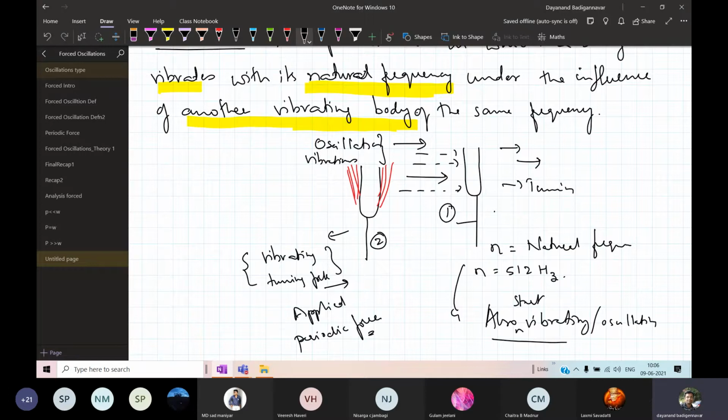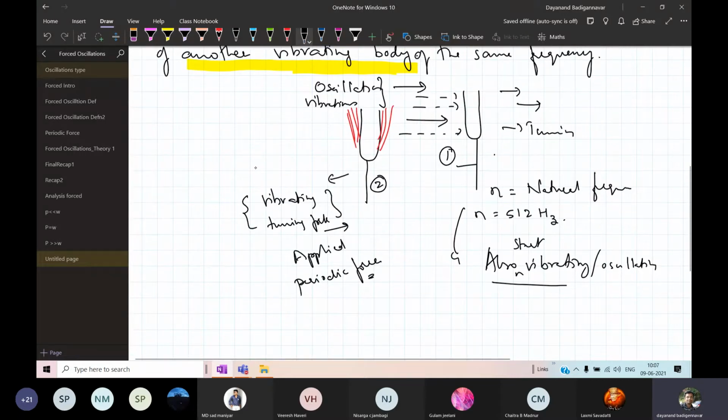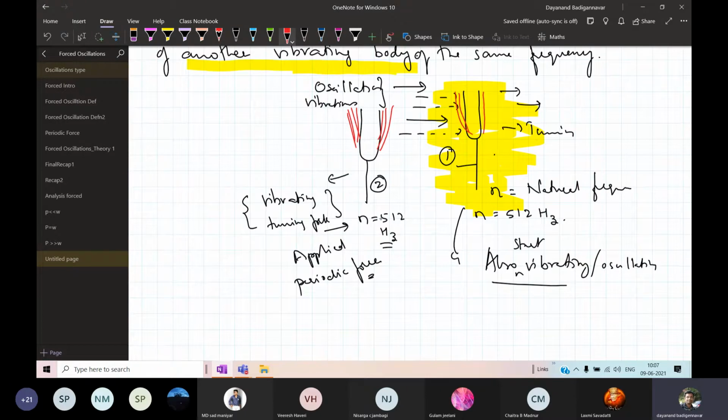It vibrates if and only if the frequency of the second tuning fork is also 512 Hertz. That means I am creating the vibrations in the first tuning fork with the help of the vibrations in the second tuning fork.